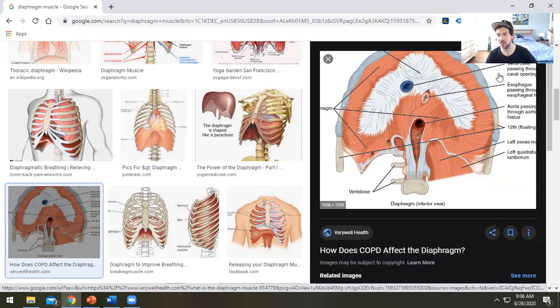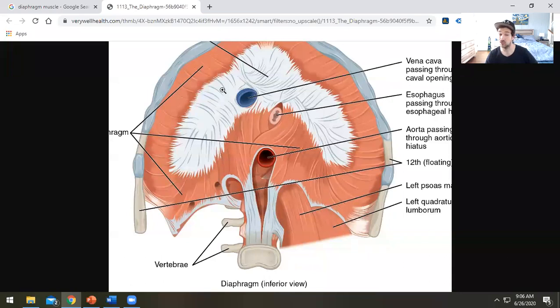And then take a look over here. This is another one of your holes, right? That's where your veins travel up. So this is traveling down through your diaphragm. This is traveling up from your diaphragm. And then you've got your esophagus here. And that is where your digestive system passes through. And this is that big dome-shaped muscle that flattens down to allow air to travel into your lungs, and then it presses back up when it relaxes to push air out of your lungs.